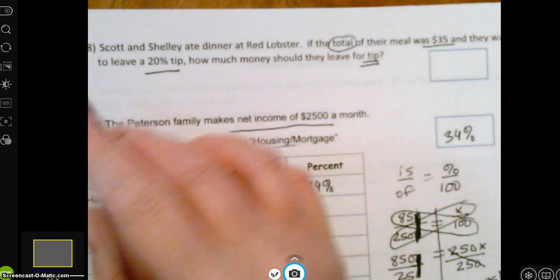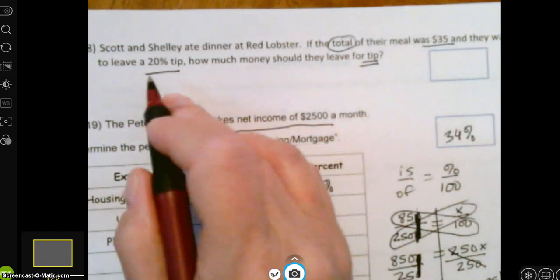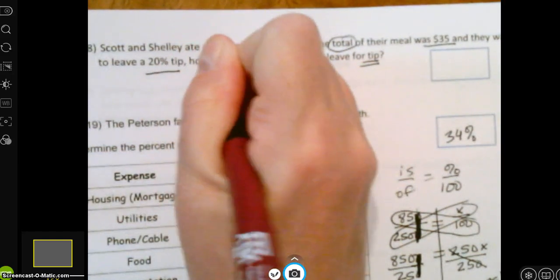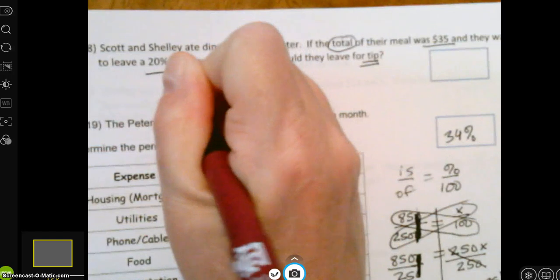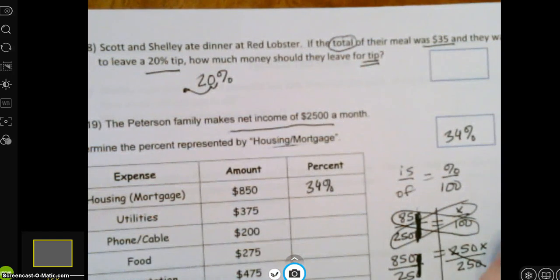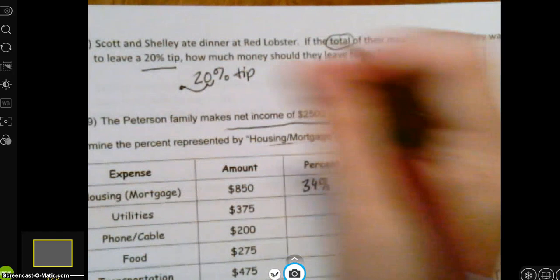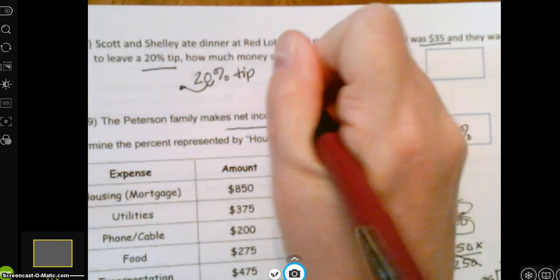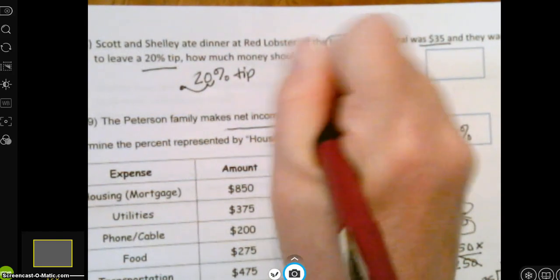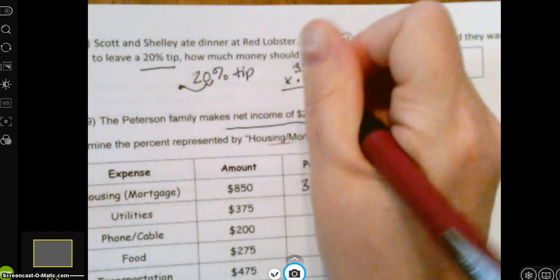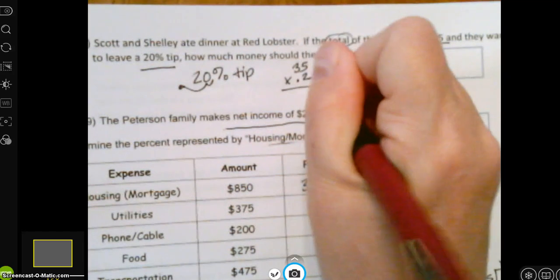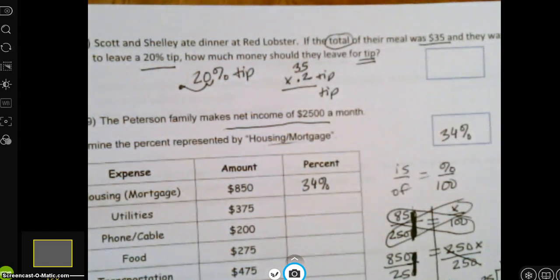So this is a basic problem. This is a change the percent to a decimal and multiply. And remember, 20% represents tip. So when I multiply 35 times 0.2, this answer will give me tip. And that will go right there, okay?